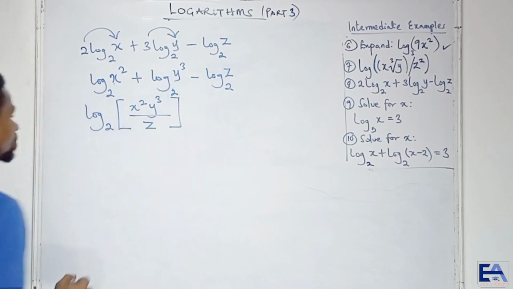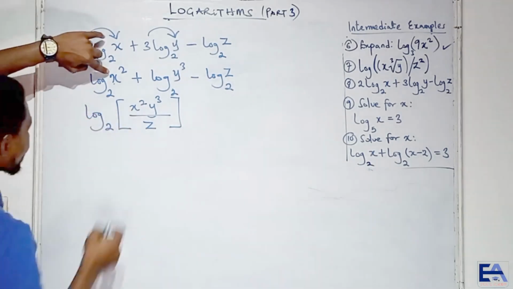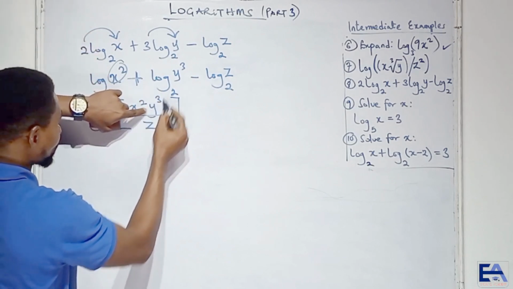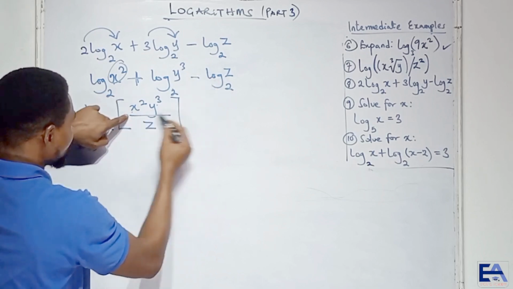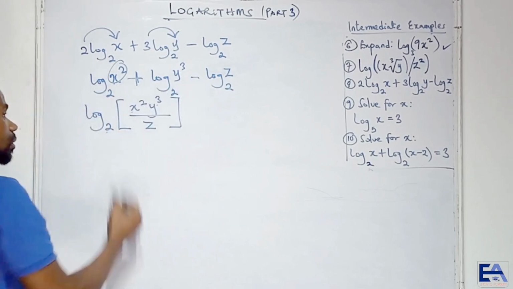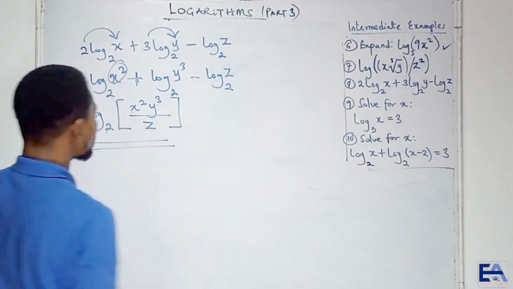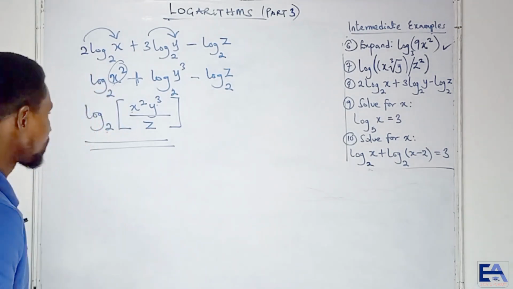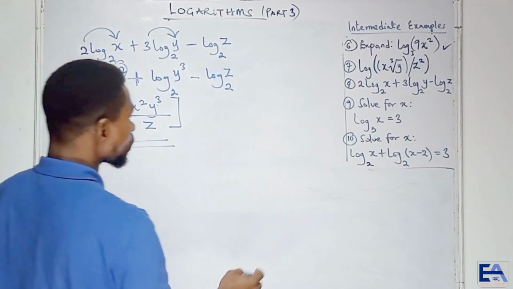So we can make it look like log x squared. This is x squared, all right? Since they are adding, you make it multiply y cubed, all right? Then subtraction means division, okay? Then you put it there. Everything to a common logarithm to base 2. And by so doing, we are done with this, because actually there is nothing more to be done. Okay, you got it? All right, let's quickly check out for the next question.